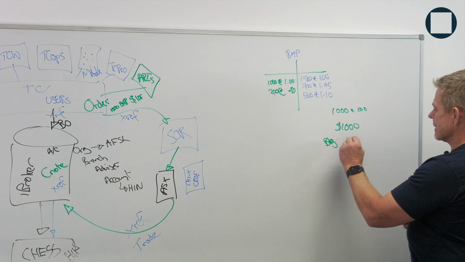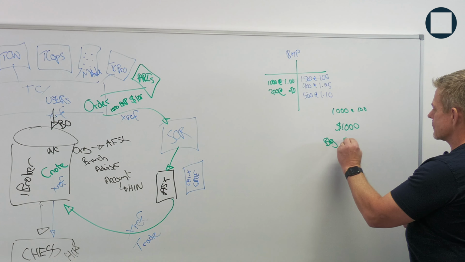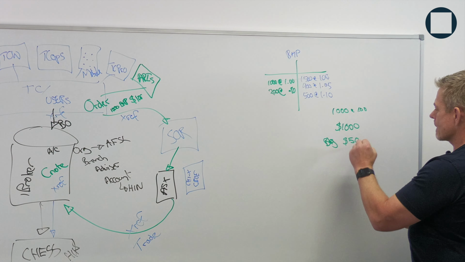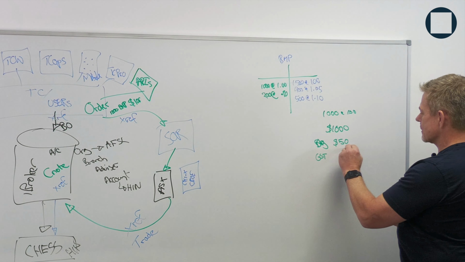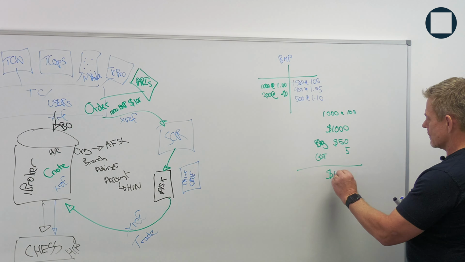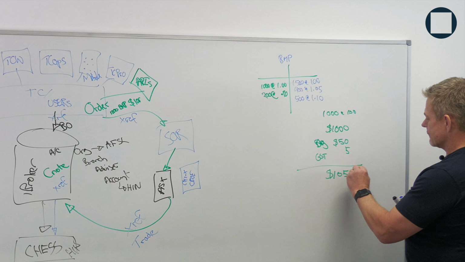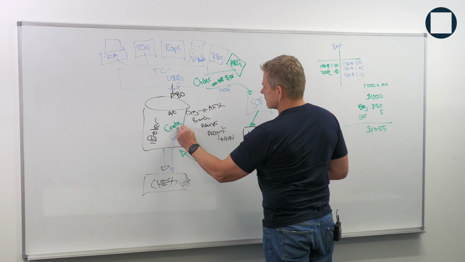So in this case, let's say it was a flat rate of $50. And there's GST paid on brokerage, so that's another $5. So that would have been a total of $1,055, and that's what would be on this C note here.